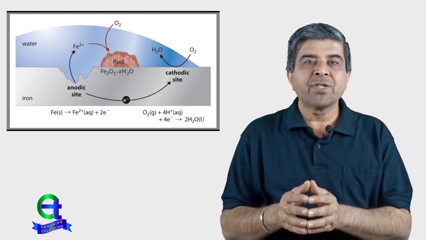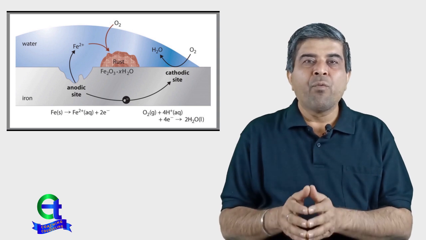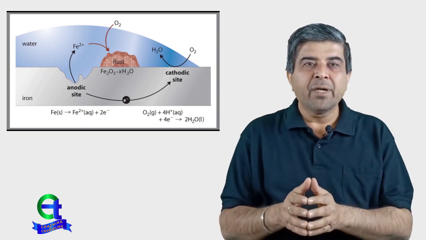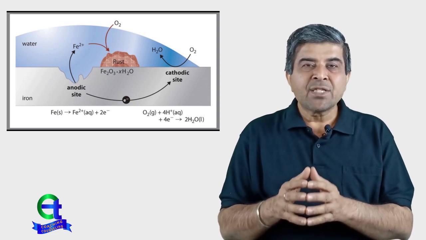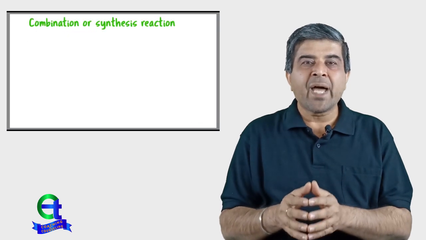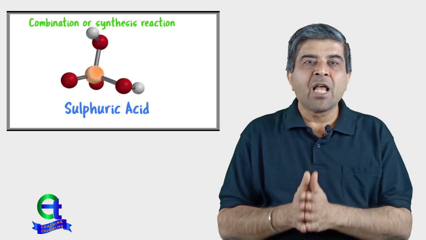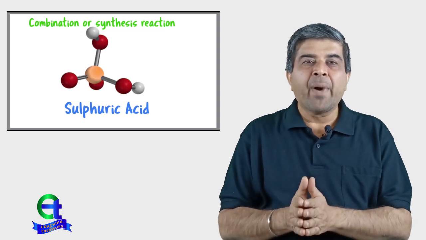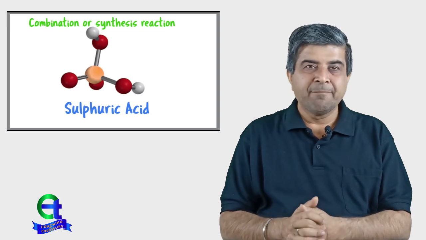In this reaction, iron reacts with oxygen and water to form rust. On the other hand, sulfuric acid is manufactured by the contact process. In this synthesis, sulfur trioxide combines with water to give sulfuric acid.